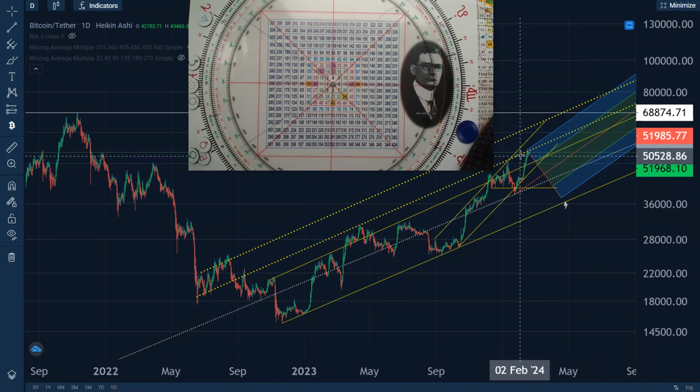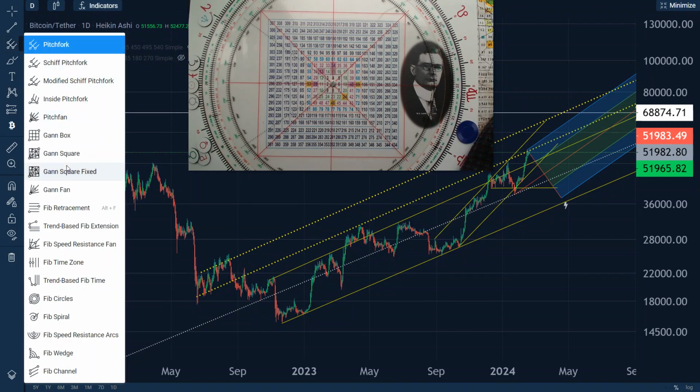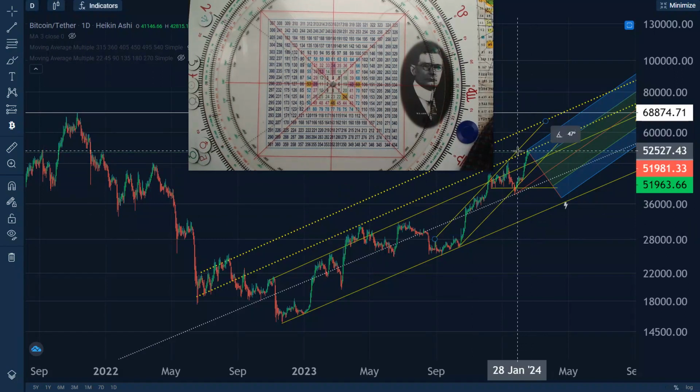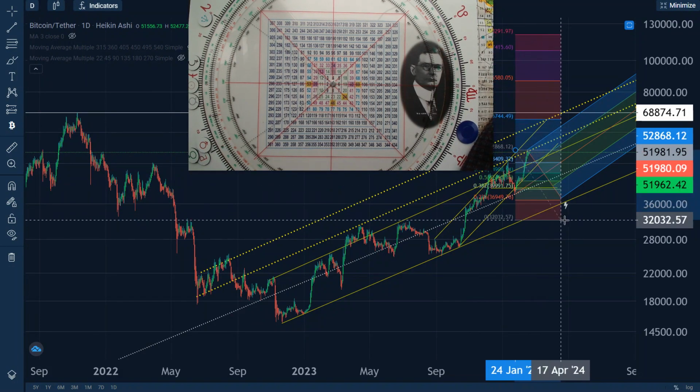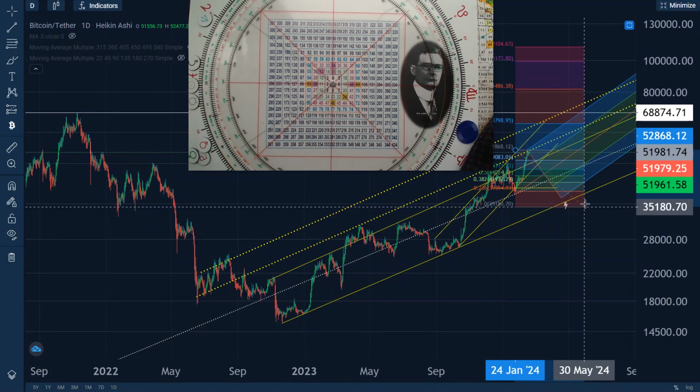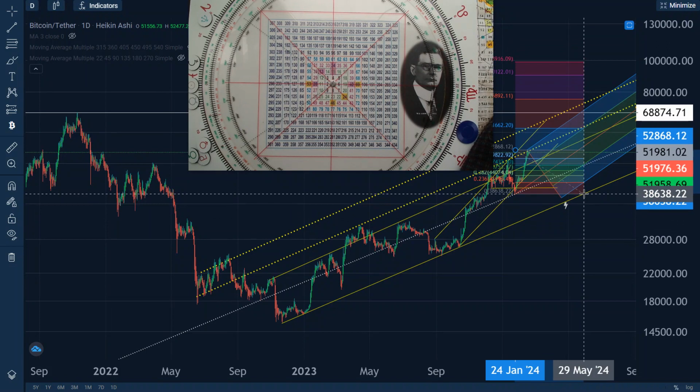So let's take a look at a Fibonacci retracement and see what that tells us on this maneuver. Bringing this down to here, that's our 0 point.